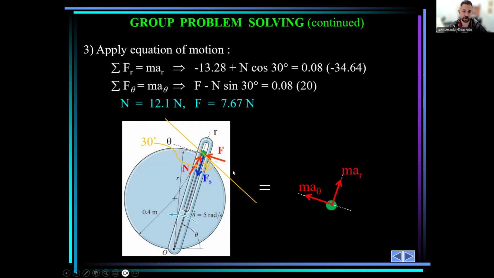Same in the theta direction, we've got F going in the positive. This looks like it's to the left, but it's in the positive theta direction, so don't get turned around there. And then we've got N sine 30 going in the negative theta direction, equals mass times acceleration that we solved for earlier. And solve those two, you get N and you get F, and that's a beautiful thing.